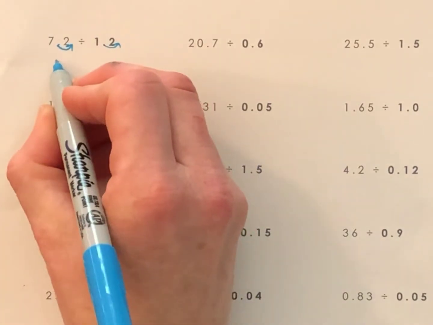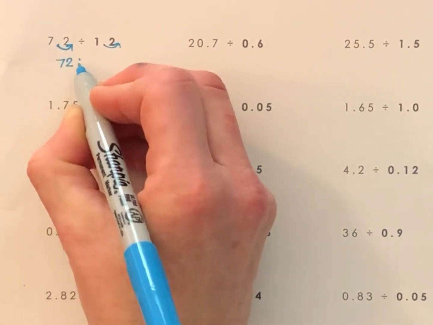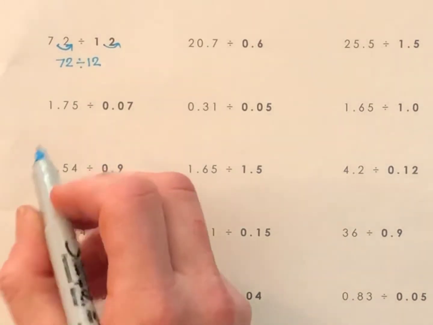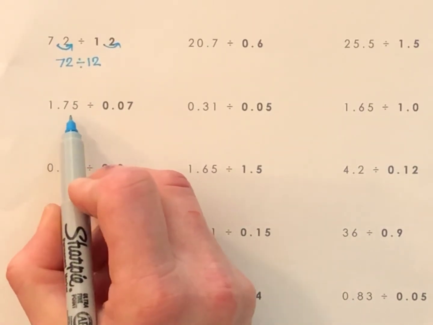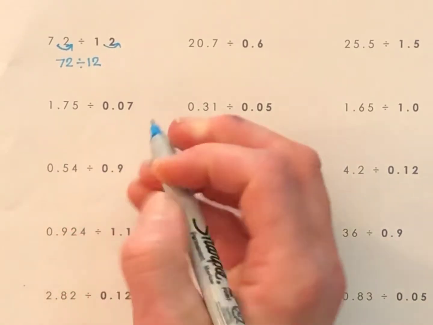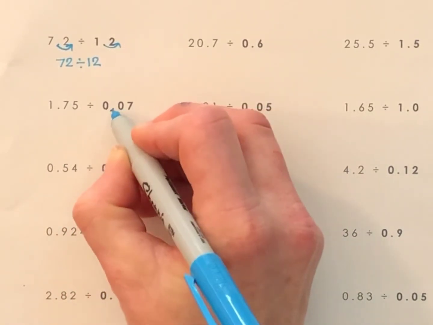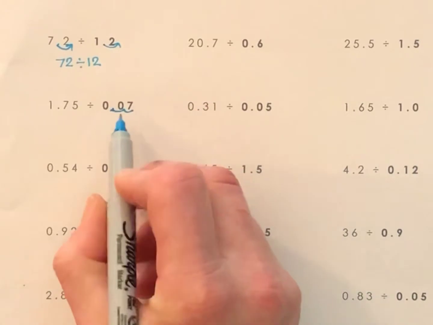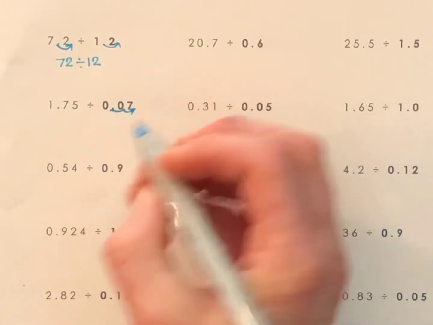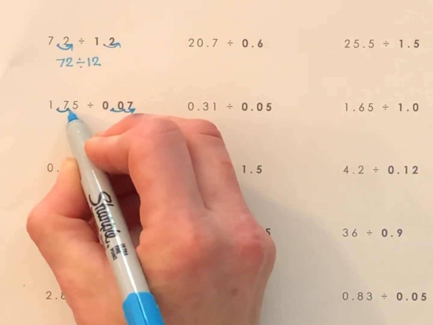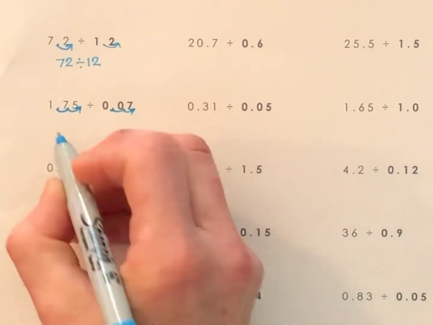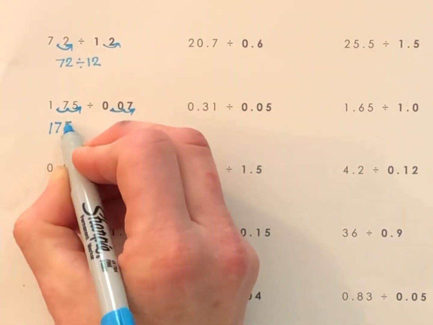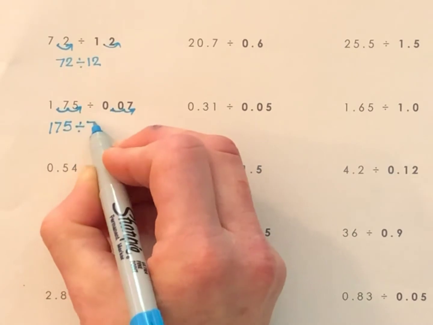So then I have 72 divided by 12. Now look at this one, 1 75 hundredths divided by 7 hundredths. I need to move this decimal 2 places. Then I can move this one 2 places. And that becomes 175 divided by 7.